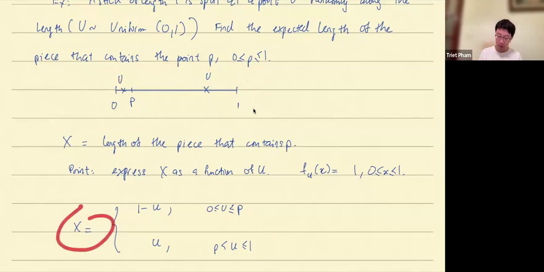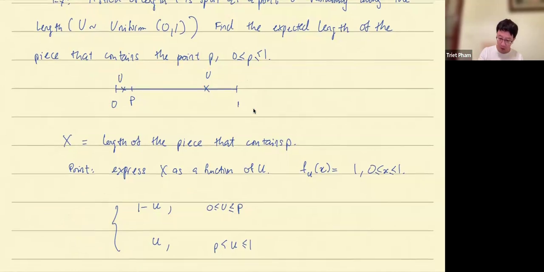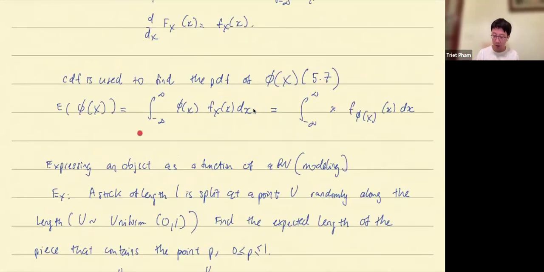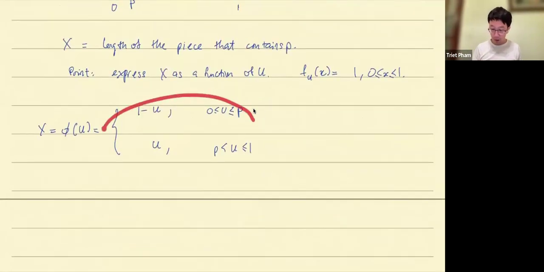But the whole point is that the law of the unconscious statistician doesn't require phi to be any type of function. We normally see x squared, x cubed when we deal with moments, but any function would work, including a piecewise function.